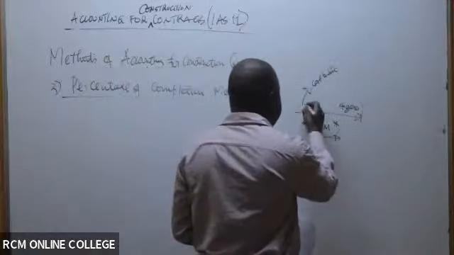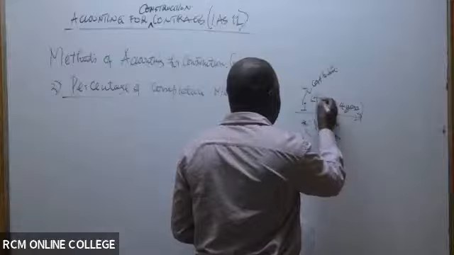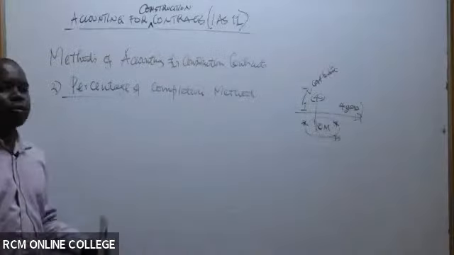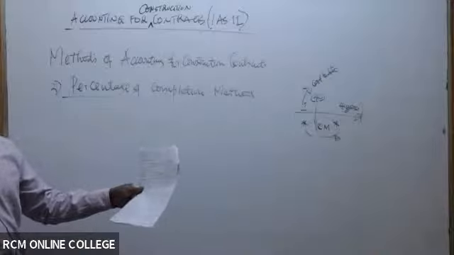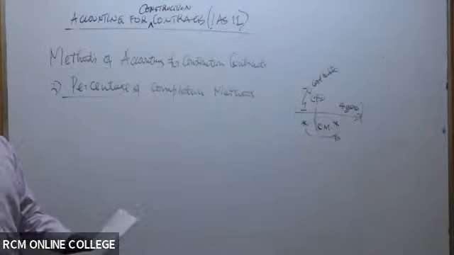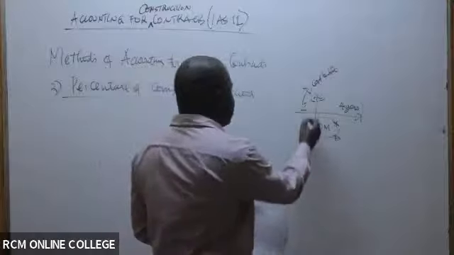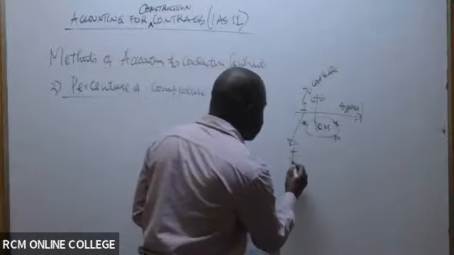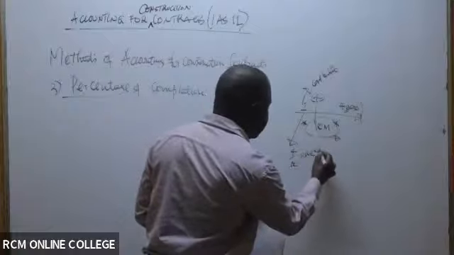At the end of the first year, you've already incurred costs of 4 million out of the 10 million. So we can conclude that by the end of the first year, the percentage of completion is 4 out of 10, multiplied by 100%.